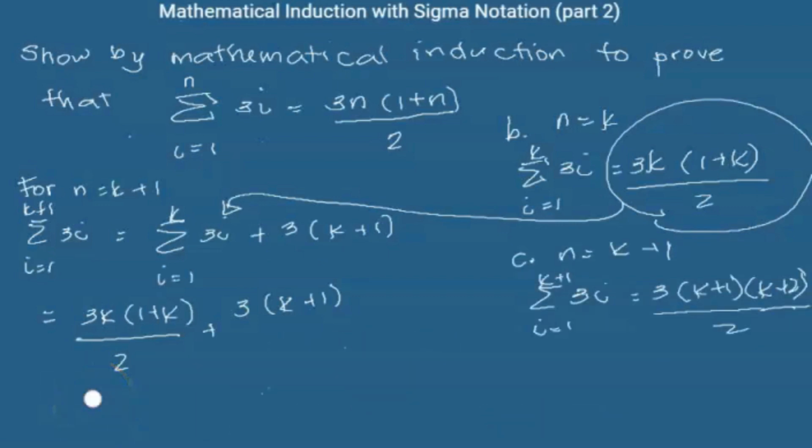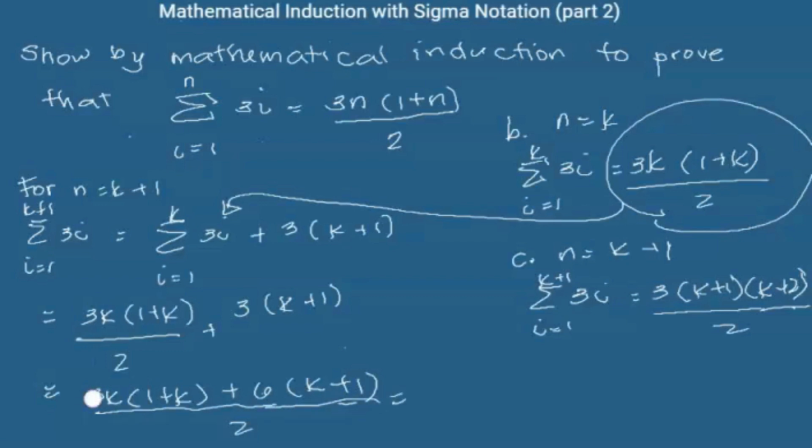And then let's simplify. Find the LCD. So this will be 3k (1 plus k) plus 6(k plus 1) over 2.